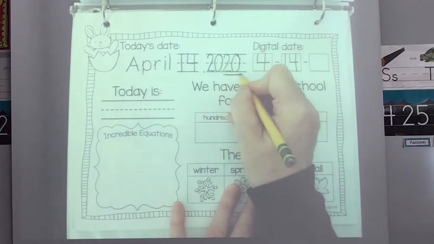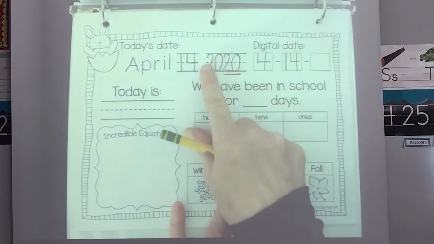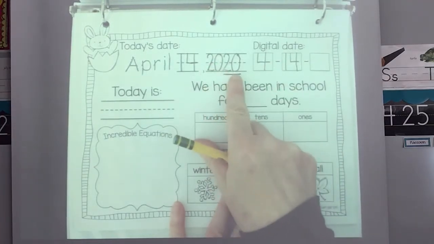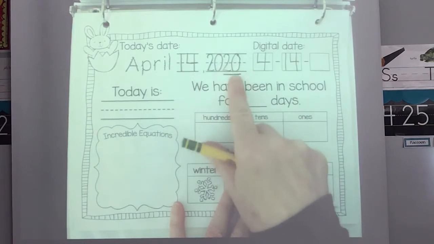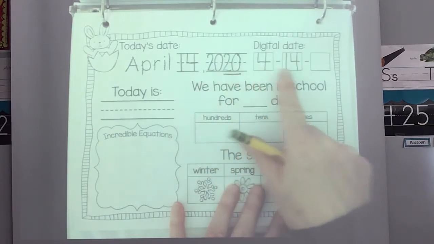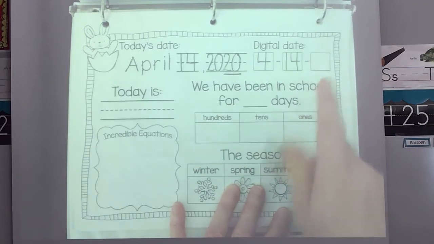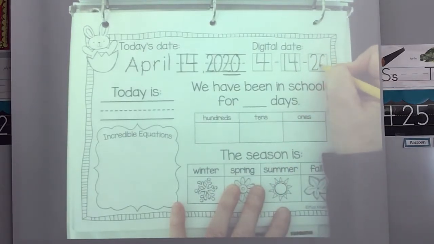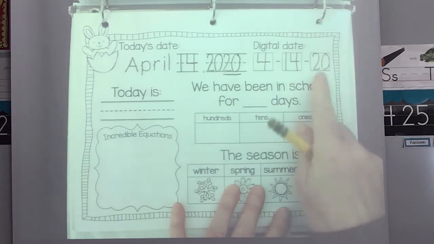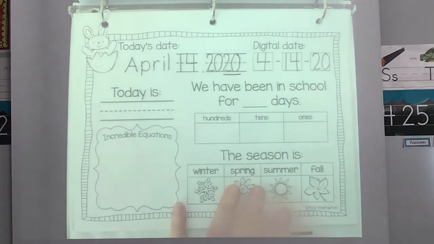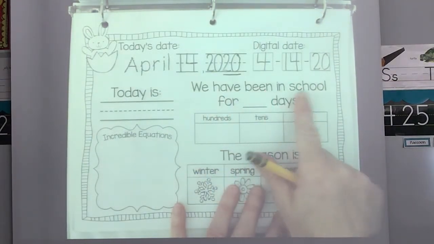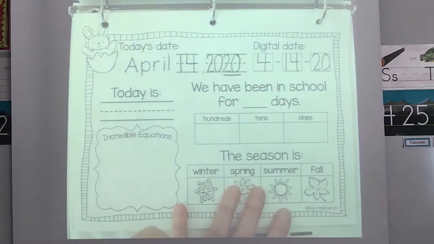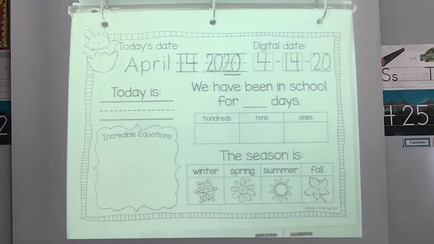And then in our digital date, we use the last number, so this would be proper to say 2020 or twenty twenty. And we use this last number, so our date is 4, 14, 20. So 2, make sure there's room for 2 numbers in there, 2, 0. Okay, 20. Very good.